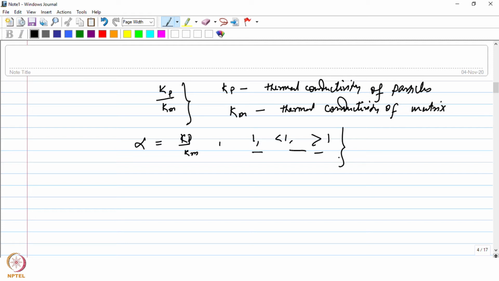In other words, the isotherms will depend on the value of alpha, whether it is equal to 1, less than 1 or more than 1. Okay. So let us see these three scenarios when it is equal to 1, less than 1 and greater than 1. Okay. So the temperature distribution is a function of the thermal conductivity ratio.